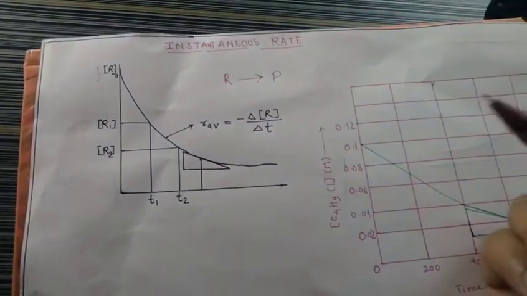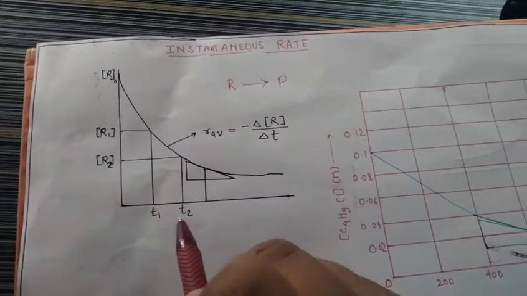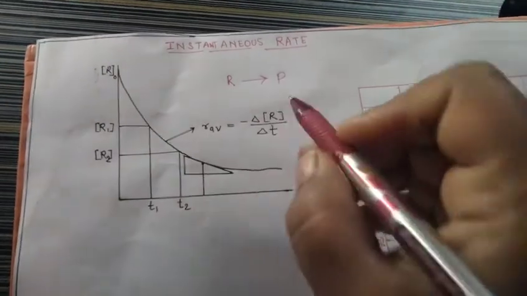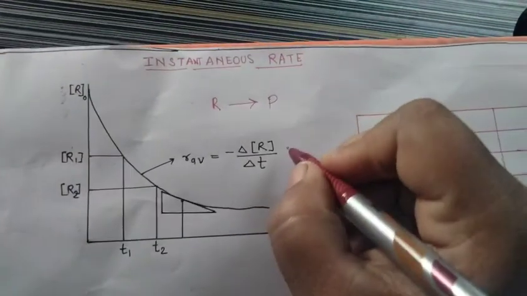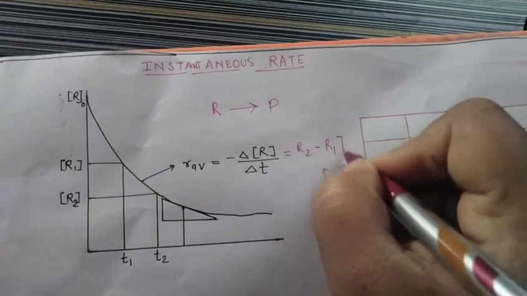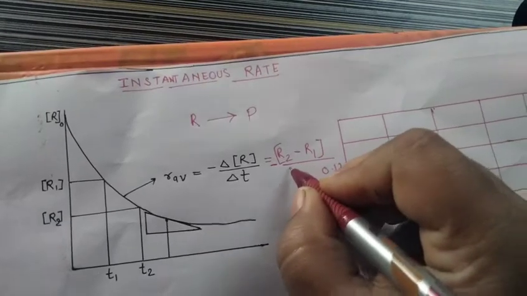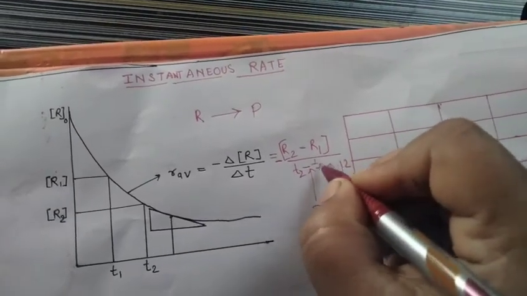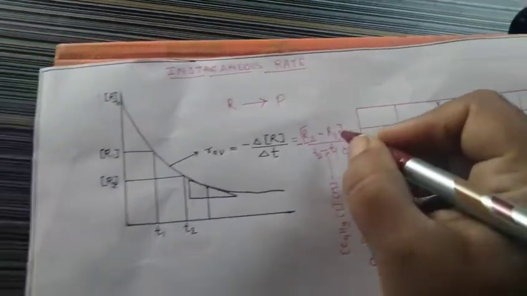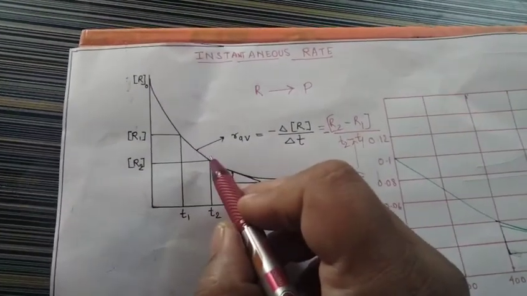So what is the instantaneous rate of reaction? This rate of reaction is between two times, t2 minus t1. Del R equals R2 minus R1. Now del t means t2 minus t1. So this is for the concentration between two times, t2 and t1.